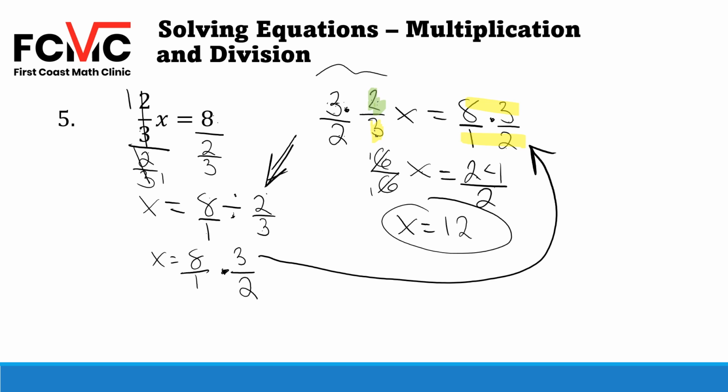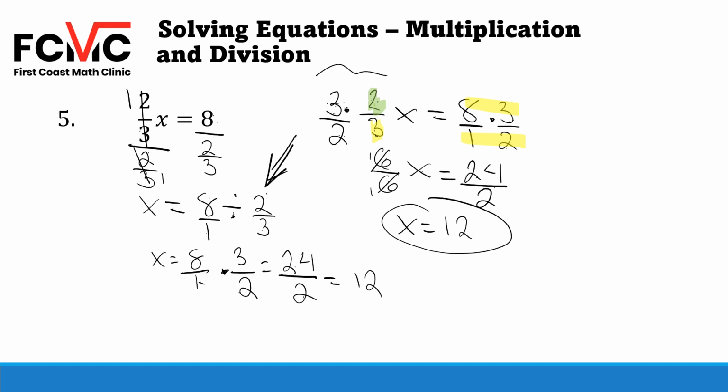Now we're just going to multiply straight across. 8 times 3 is 24. 1 times 2 is 2, and 24 divided by 2 is 12, so we get x equals 12. So two different ways to get the same answer, x equals 12. We can either divide by our fraction, divide by 2/3, or we can multiply by the reciprocal, but we were basically doing the same thing both ways.